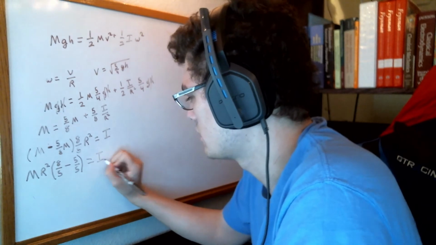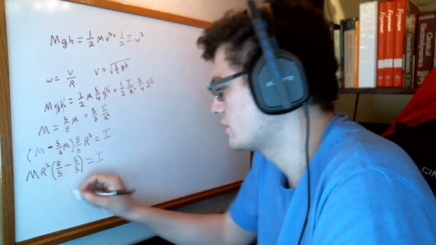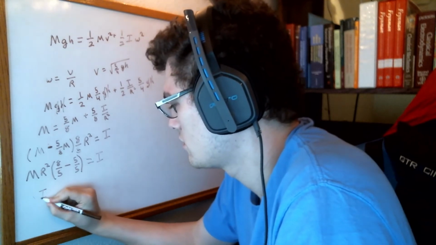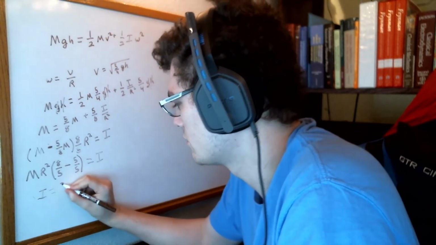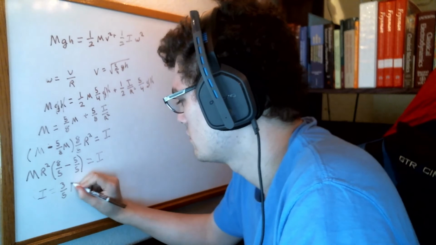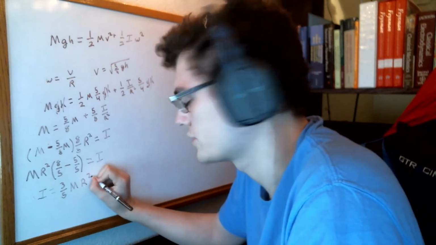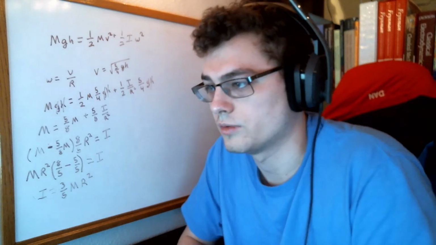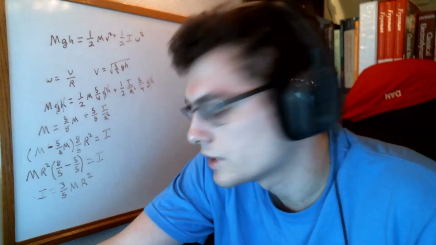So it's going to equal our I. And so then this is going to be 3/5. So then I is going to be equal to 3/5 mr squared. There you go. There you have it. That should be your moment of inertia. Let's check our answer. It is.